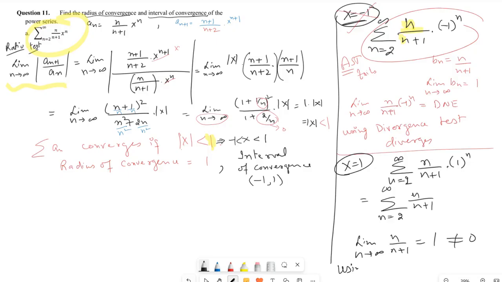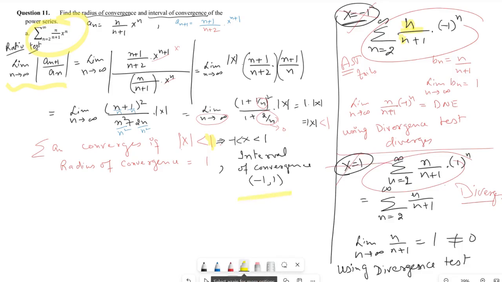So again, using the divergence test, this series diverges. Therefore, x equal to 1 is also not included. So what we are claiming is the interval of convergence is just -1 to 1, and the endpoints are not included.